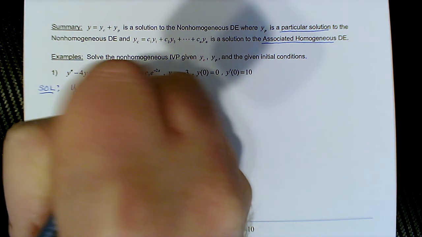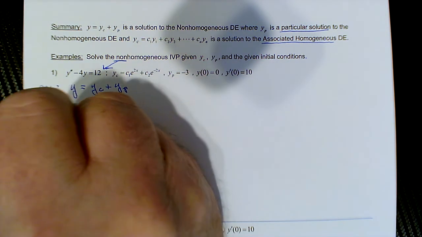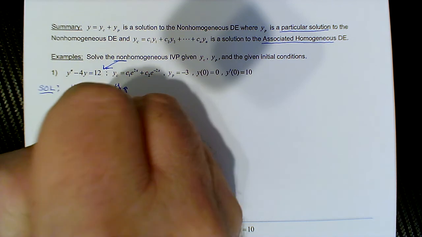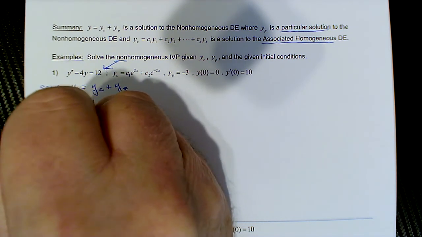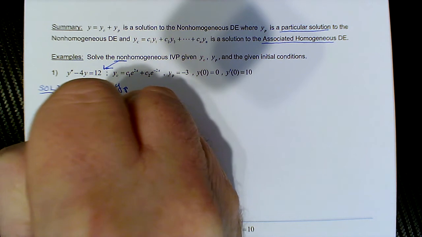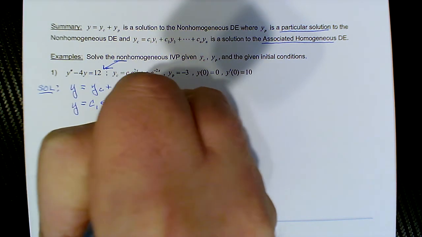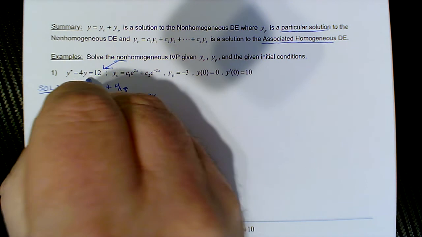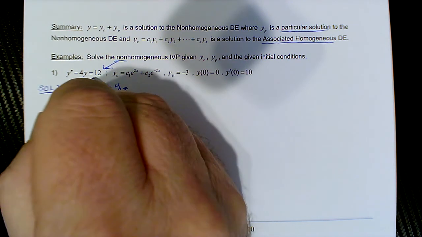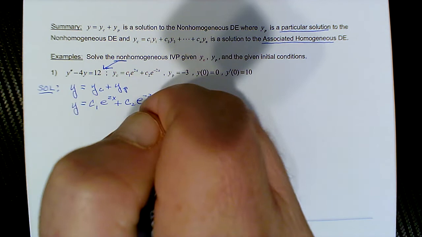And so we're given that y sub c is c1 e to the 2x plus c2 e to the negative 2x. And we could have actually solved that by creating the associated homogeneous and then the characteristic equation, factoring, and we already had the real root theorem.